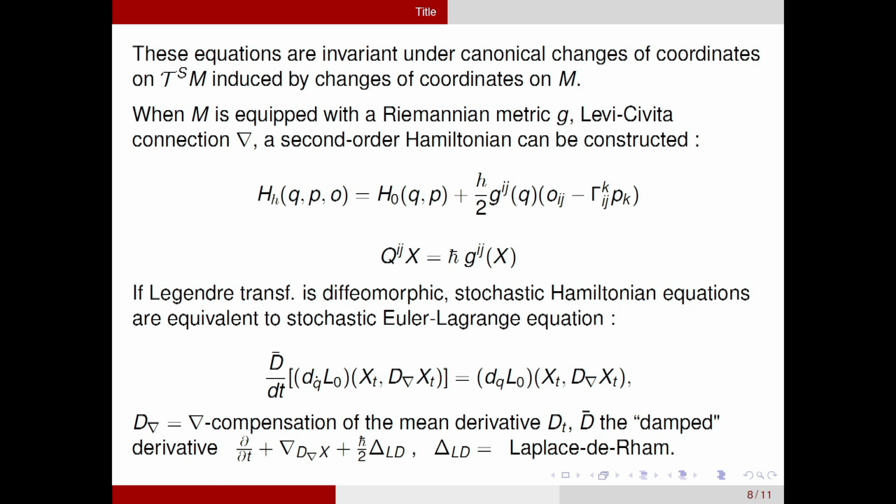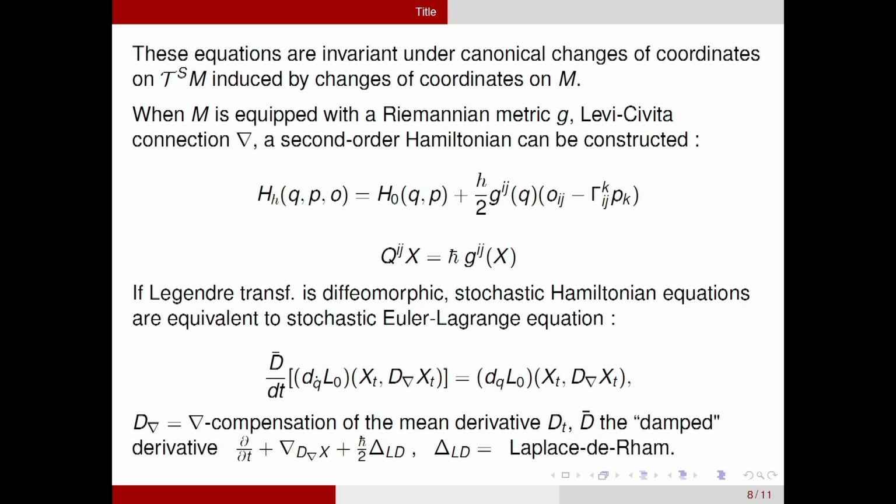Now, we are going to be able to copy essentially all the results of classical mechanics. When the Legendre transform is a diffeomorphism, the Hamilton equations that I have written before are equivalent to the stochastic Euler-Lagrange equation. Here, what should I say? There is a little delta here because we have to remember that the diffusion on a manifold has an extra term with respect to the flat case.